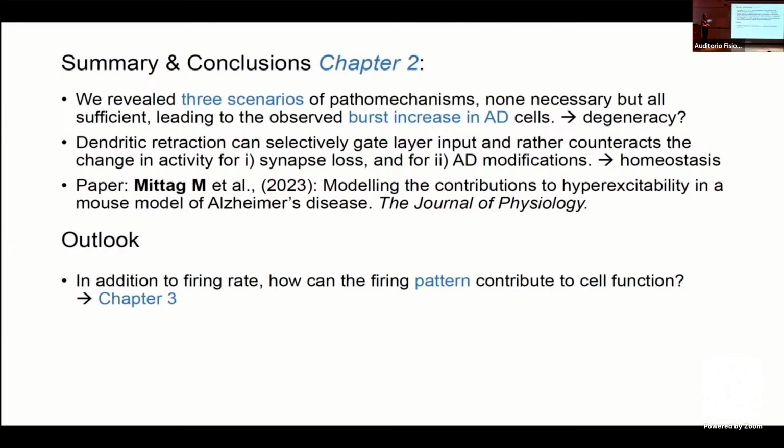We always applied these modifications to the whole data set, but you can imagine that real cells, some rather show the scenario of increased burst, and other cells might rather show the changes in the ion channels. And still, these different cases can lead to the same functional pathomechanism.